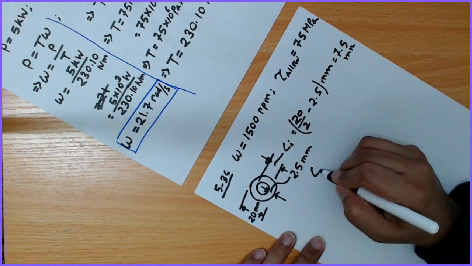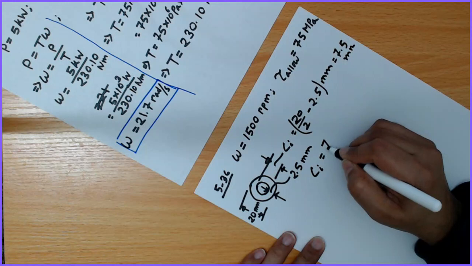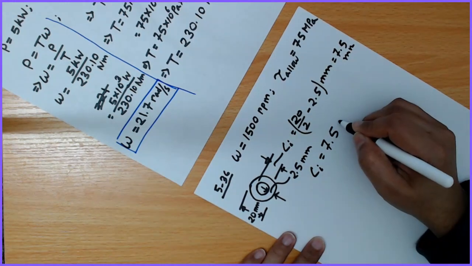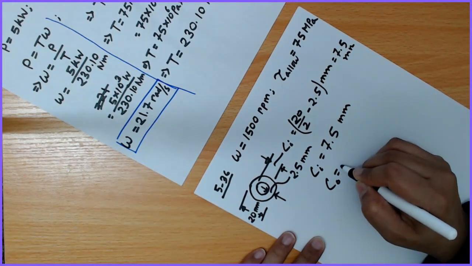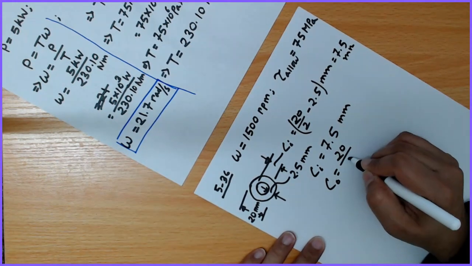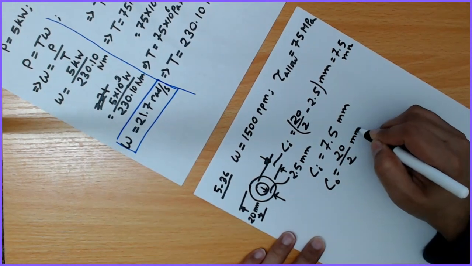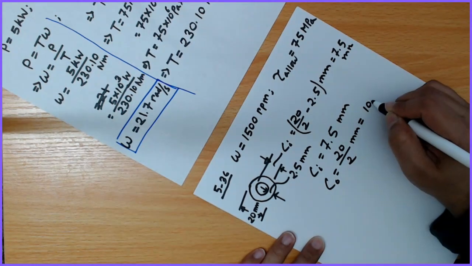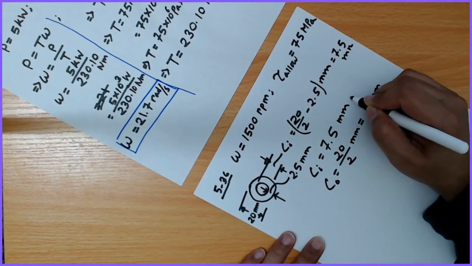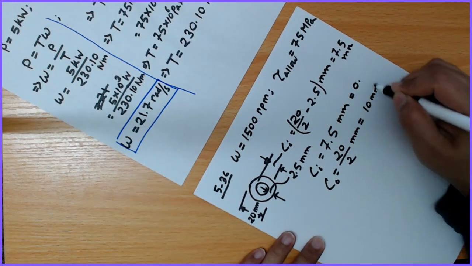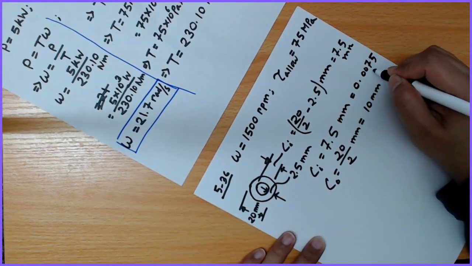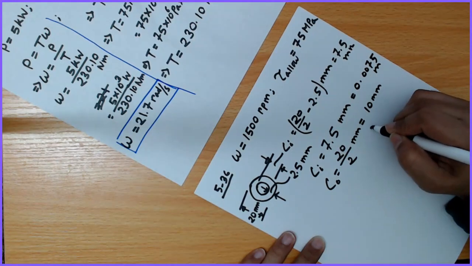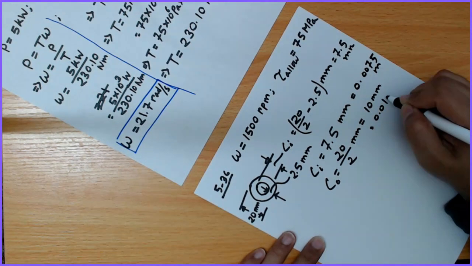So CI is 7.5 millimeter. CO is equal to 20 by 2, 10 millimeter. This is 0.0075 meter, and this is 0.01 meter.